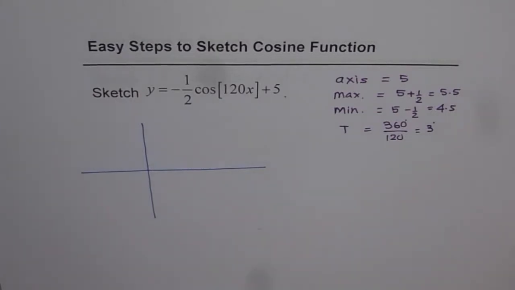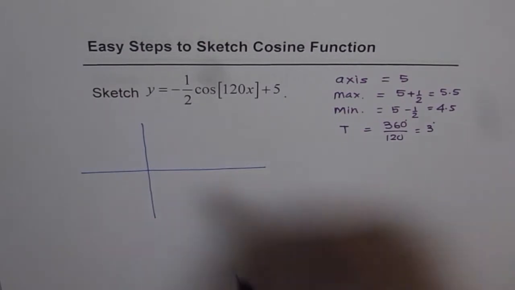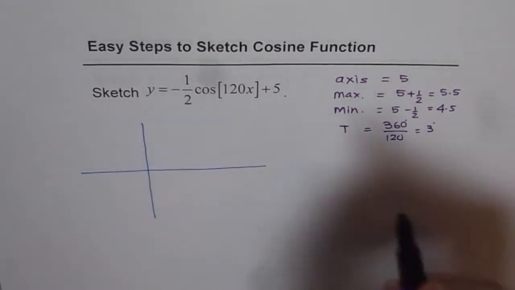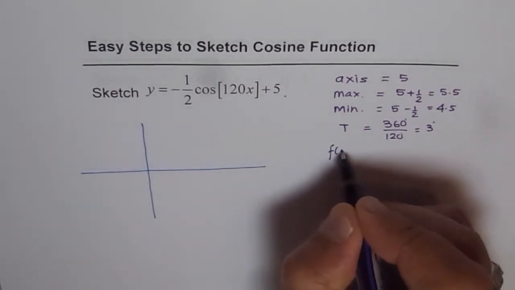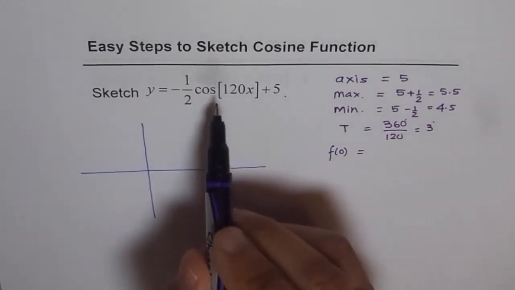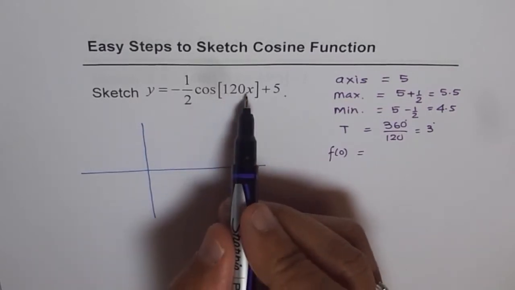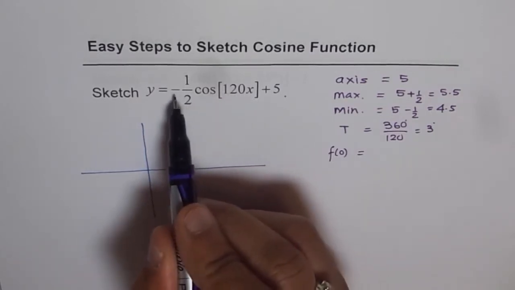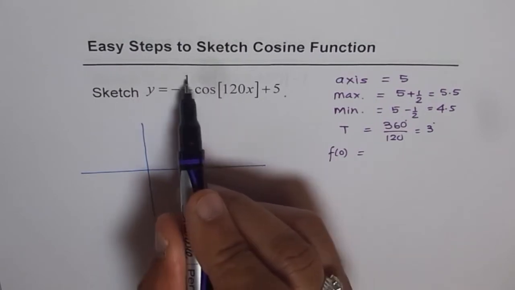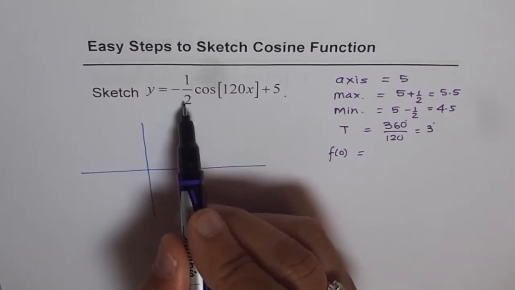That means what is the value of function when x is equal to 0. Okay, so let me write f of 0, right, or y of 0. So if I have 0 here, cos of 0 is 1. So we'll get 1 here. That means multiplied by minus half will be minus half.